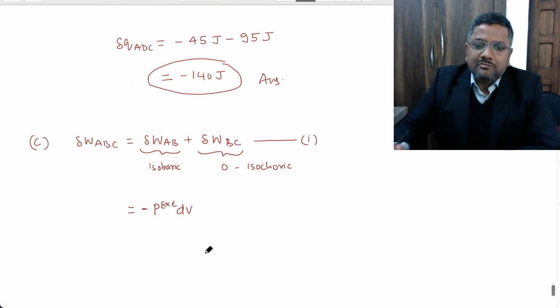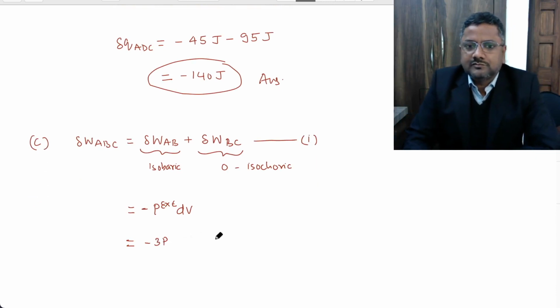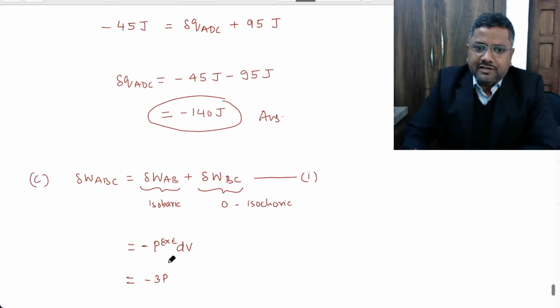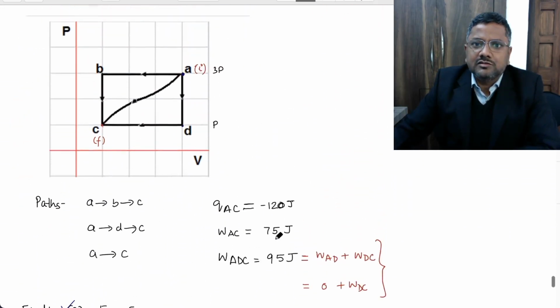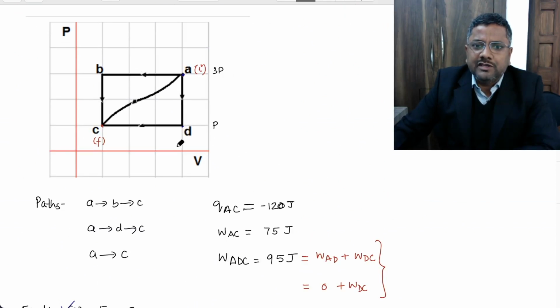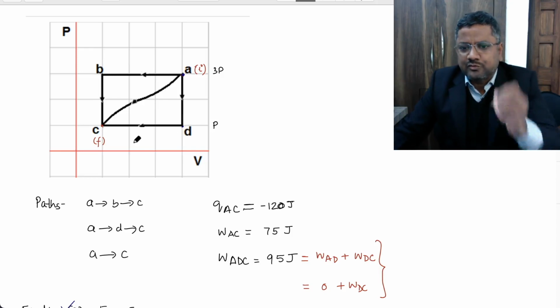Okay, and P external is 3P and dV, right? Because 3P is given. 3P, here the pressure 3P, here also 3P. So constant pressure, and here volume V, and here some other volume, but we don't know what is the volume. So put it dV.